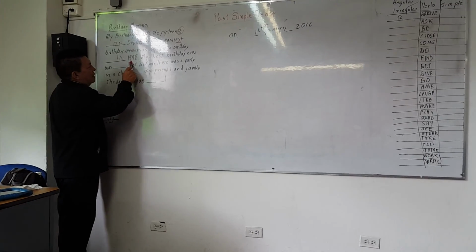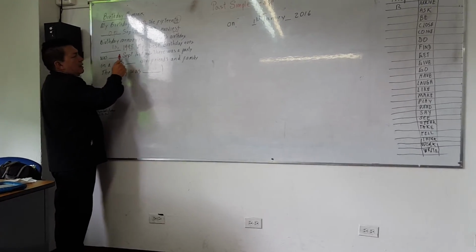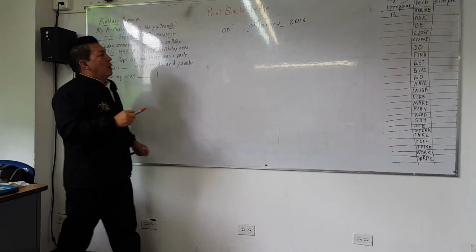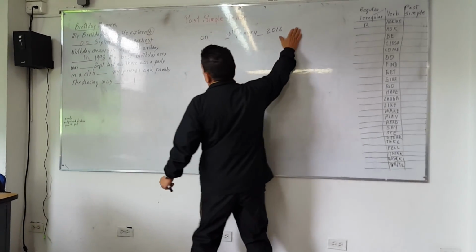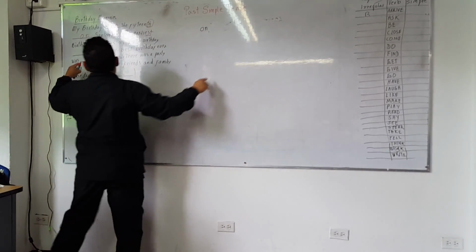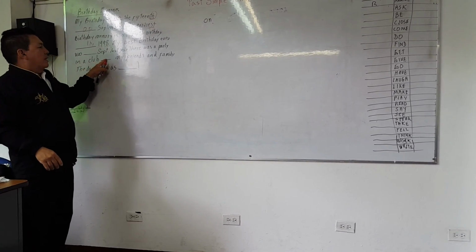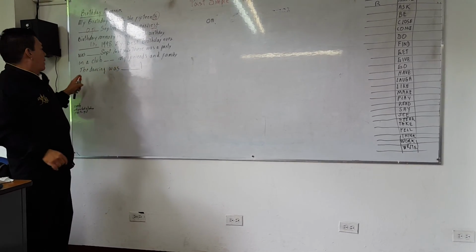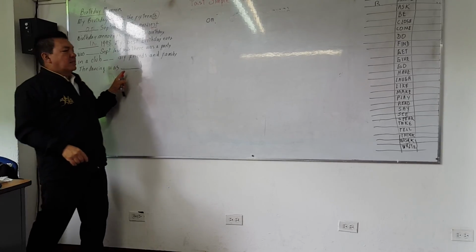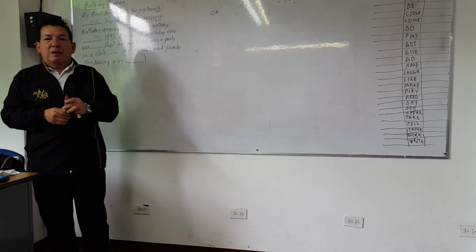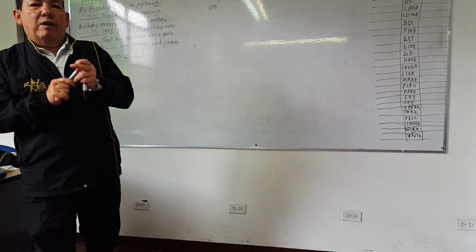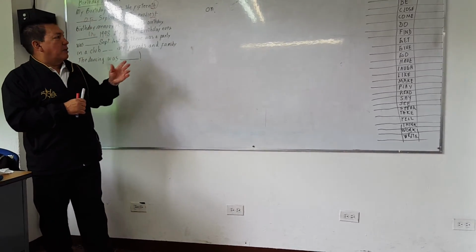We say nineteen ninety-eight. Well, now that we are going to finish: it was on September that year, there was a party in a club with my friends and family. The dancing was marvelous, great, awesome. We can add some adjectives about that.